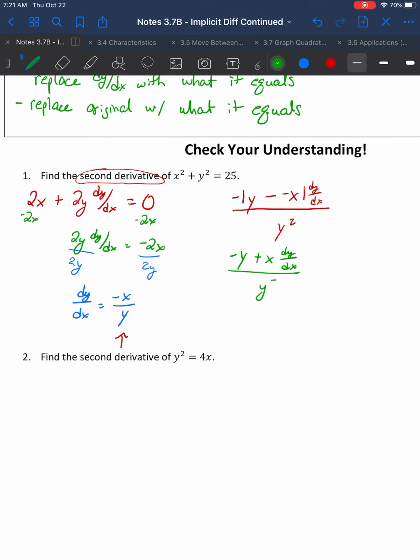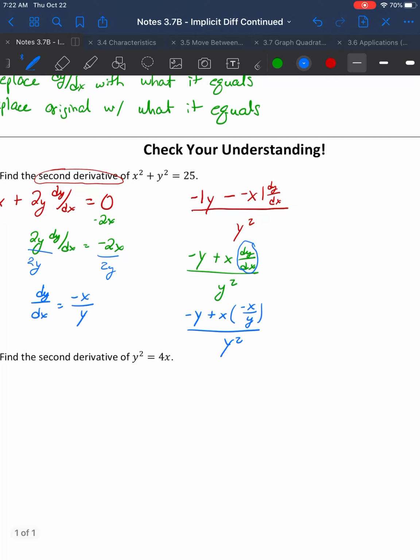The derivative of y would be 1, but since it's y, I have to have dy dx, over the second squared. Okay, so now I have negative y plus x dy dx over y squared.